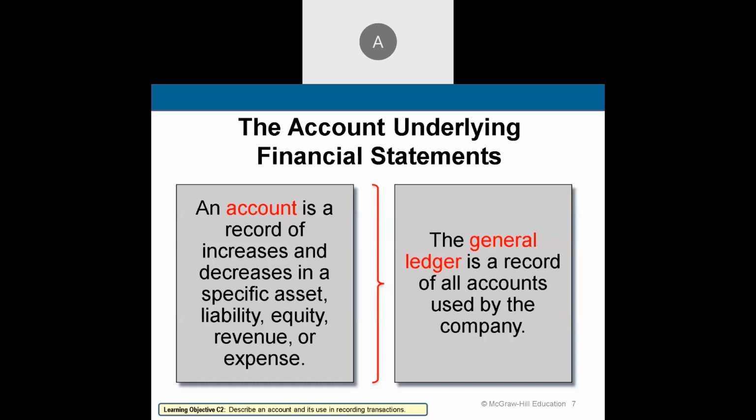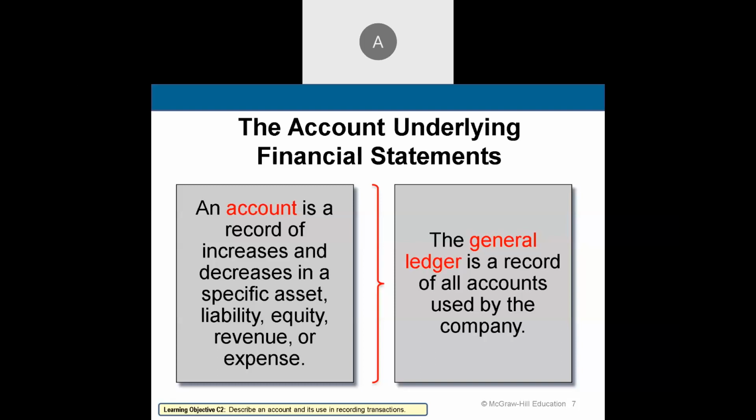I want you to think about the accounting equation. Assets equals liabilities plus equity. To increase an asset, we debit the asset. I'll say that again, it's very important that you understand this. To increase an asset, we debit the asset.